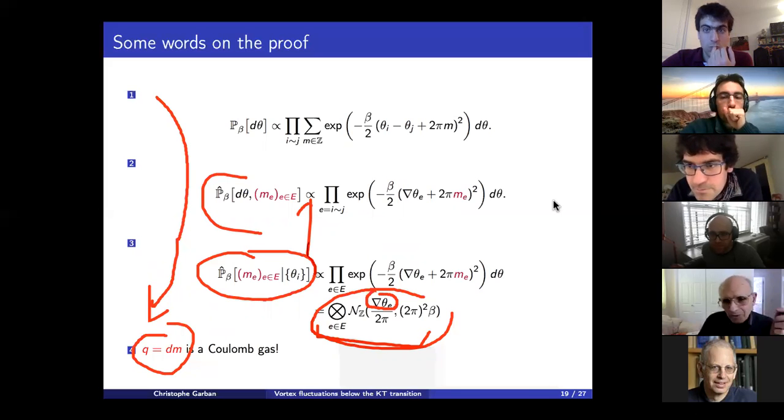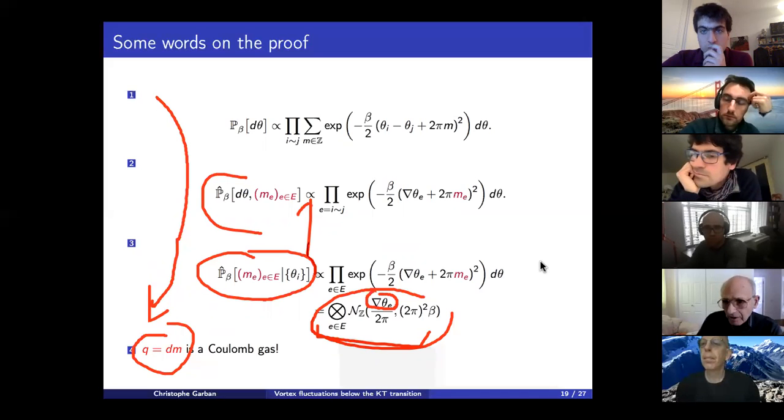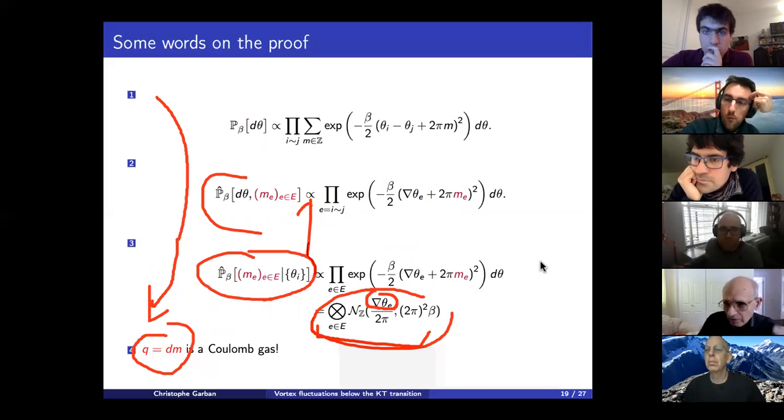Well, I just want to make a comment that in the physics literature, at least, you only hear about vortex loops in 3 dimensions. If you have periodic boundary conditions and you don't have a vortex going around the whole system, all you have are loops, which are actually not topologically stable because you can shrink them to 0.